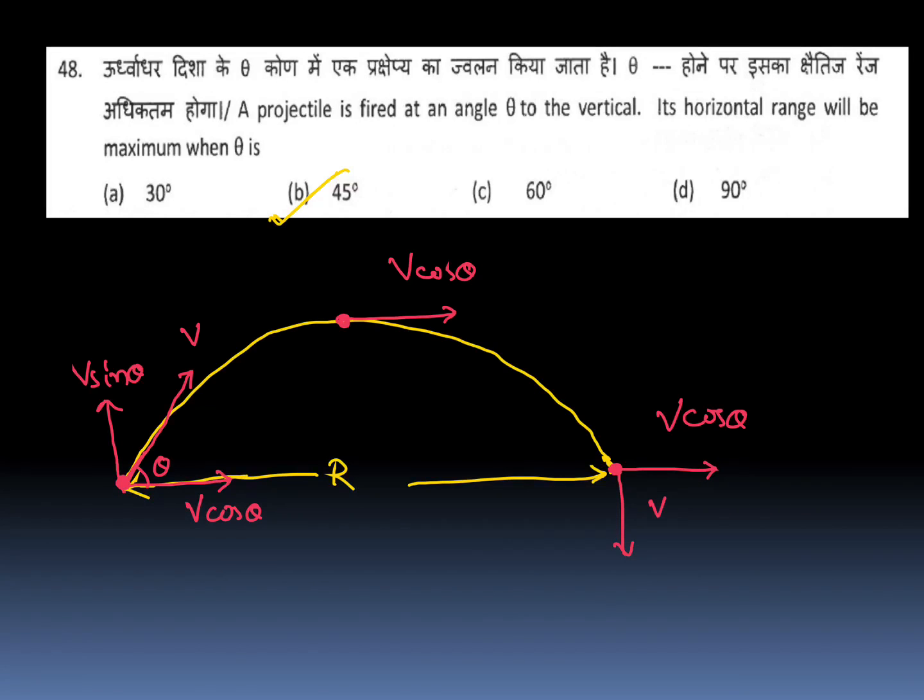So we number the points 1, 2 and 3. Between point 1 and 2, in the vertical direction, we apply v equal to u plus at. Initial velocity is V sin theta and final velocity is 0 because at point 2 the vertical component is 0.